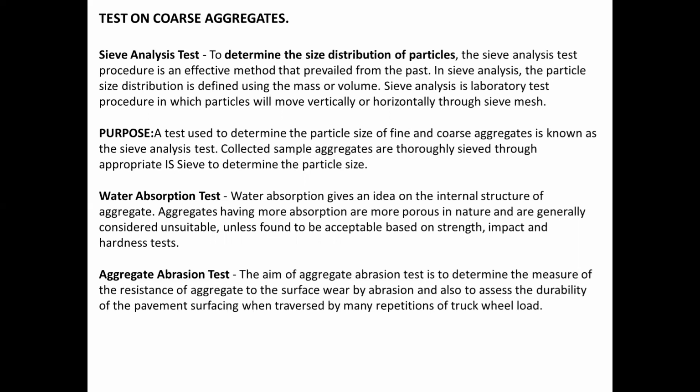Sieve analysis is a laboratory test procedure in which particles move vertically or horizontally through sieve mesh. The purpose? A test used to determine the particle size of fine and coarse aggregate is known as the sieve analysis test. Collected sample aggregates are thoroughly sieved through appropriate IS sieves to determine the particle size.